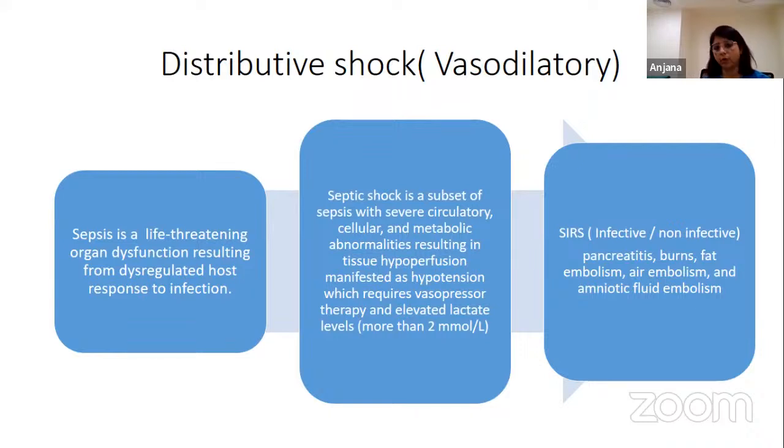There's an inflammatory response, so in that case you have severe circulatory, cellular, and metabolic abnormalities resulting in tissue hypoperfusion. The patient will manifest with hypotension and there will be a vasopressor requirement. The non-infective vasodilatation will be in inflammation like burns, pancreatitis, or embolism. That will be the response of the body to the inflammation, because of which the patient will go into shock.